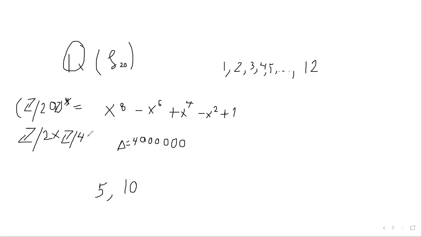So how many subgroups of index 2 does this have? This subgroup can either contain the whole thing or half of it.